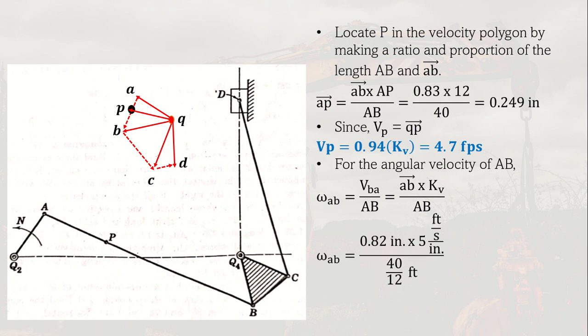If we do that, we can get the angular velocity of the floating link AB as 1.23 rad per second. So that is how you use the velocity polygon in getting the different unknowns, the velocities and angular velocities of the different points in the linkages.